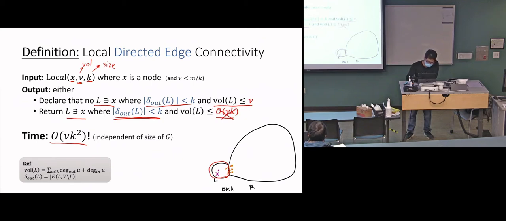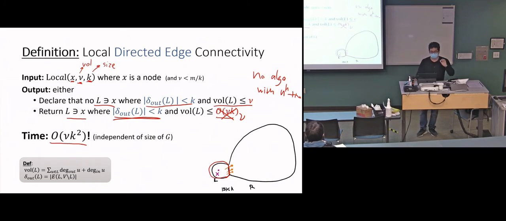If this is exact, then there is no algorithm with n to the k time. So even if k is some parameter to you, you cannot beat n to the k. That's what it means to be W1 hard.